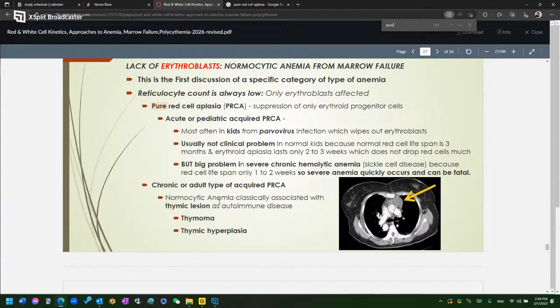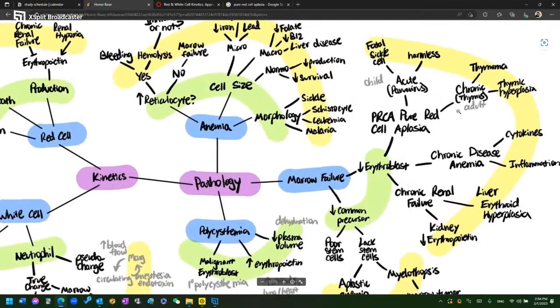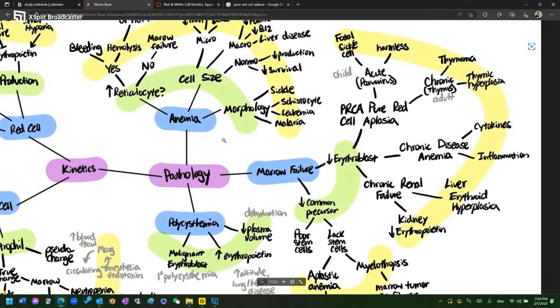So this is when we actually have direct problems with the erythroid progenitors. Or we're purely just not making enough, is what it is. Okay.